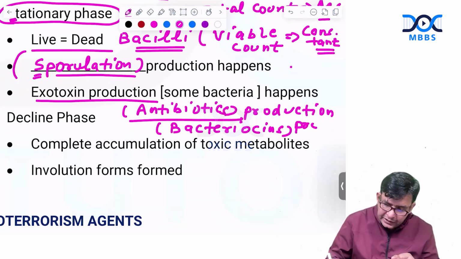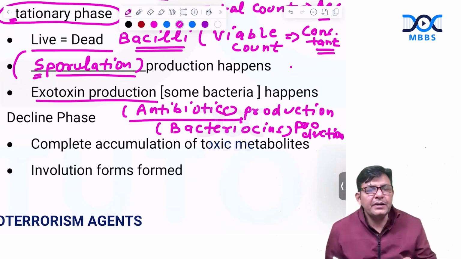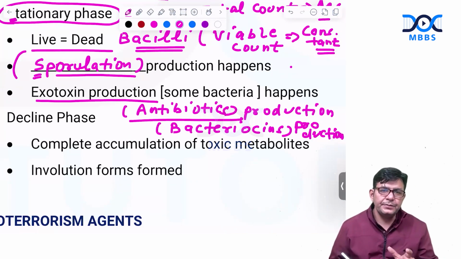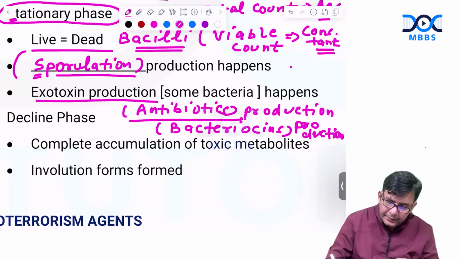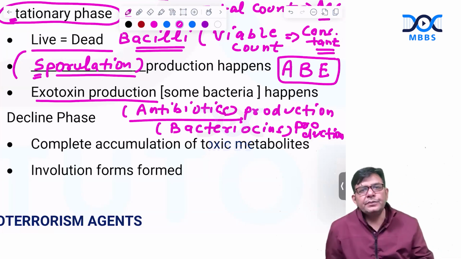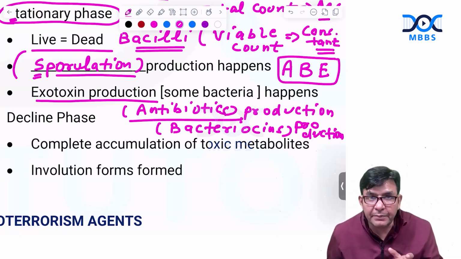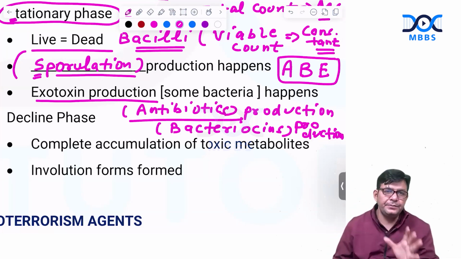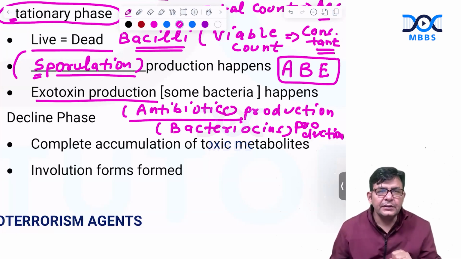So bacteriocin production is also observed in the stationary phase. You can remember antibiotics, bacteriocin and exotoxin production. They all happen in which phase of the bacterial growth curve? The answer is the stationary phase.